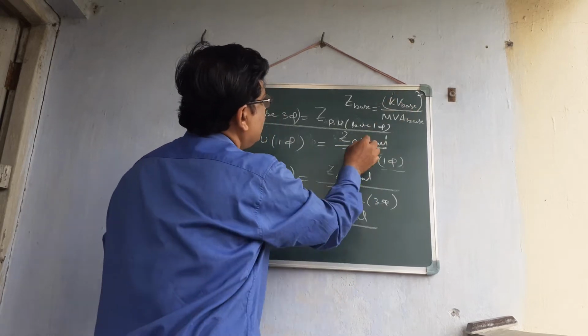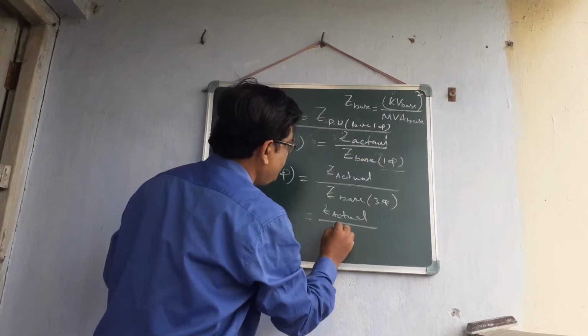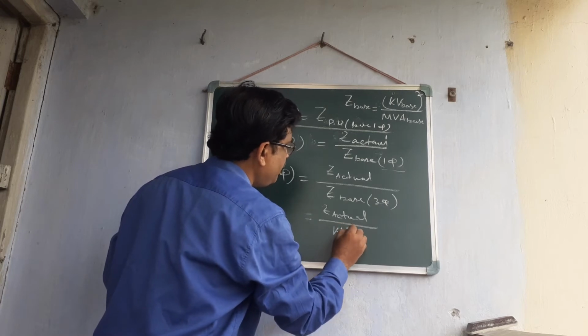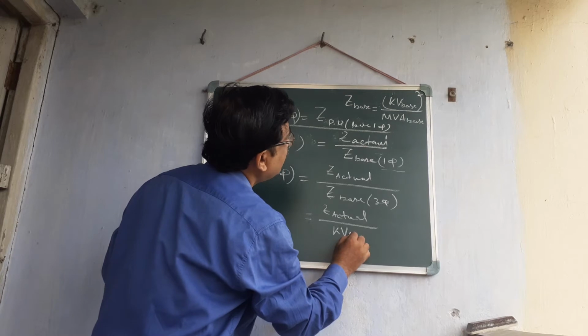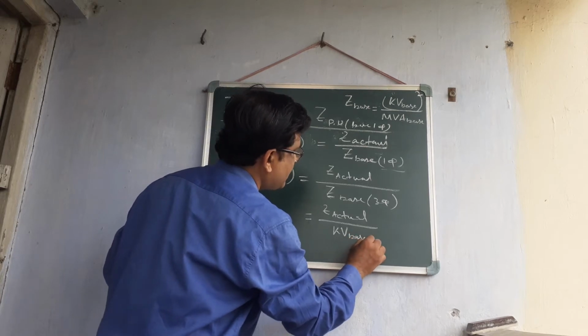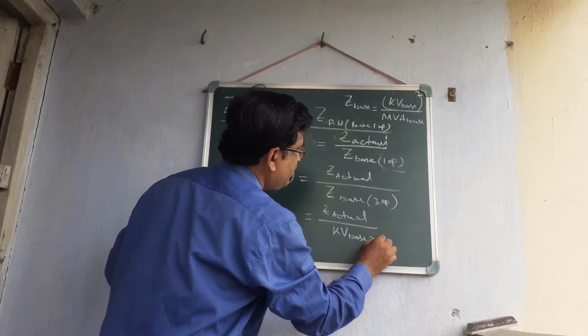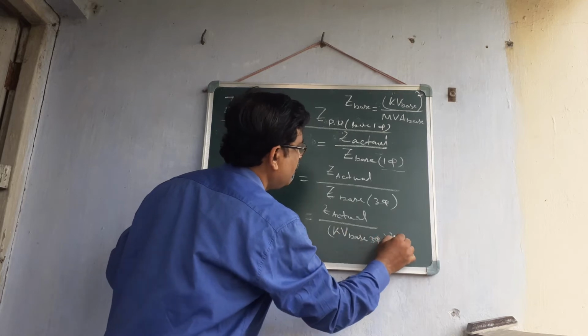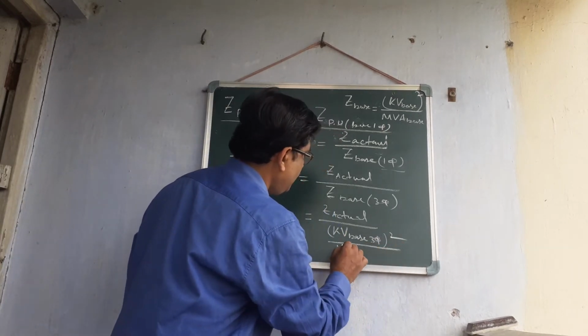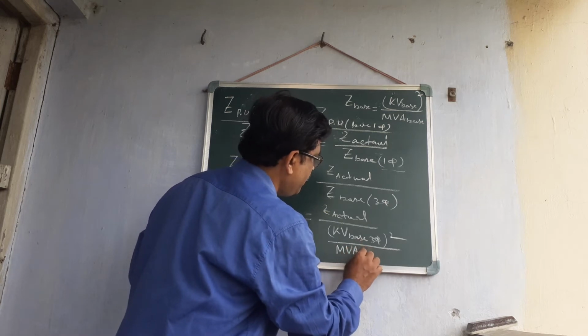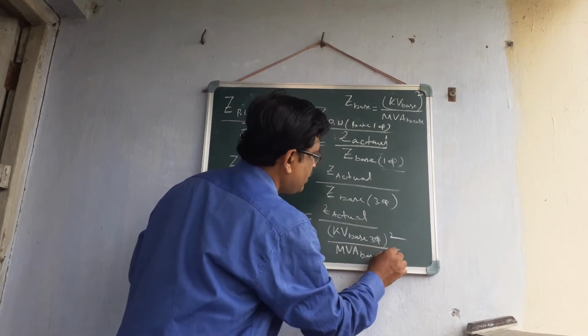So convert it: kV square, that means kV base three phase square, by MVA base three phase system.